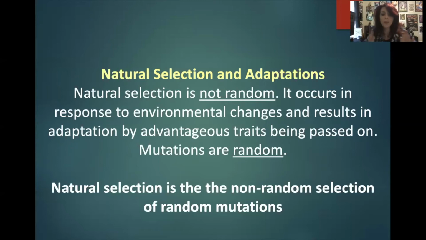Through recombination and sexual reproduction, you will have different emergence of random mutations in a population, and the environment will then select basically which of those mutations are advantageous. And natural selection is going to keep around those advantageous traits.